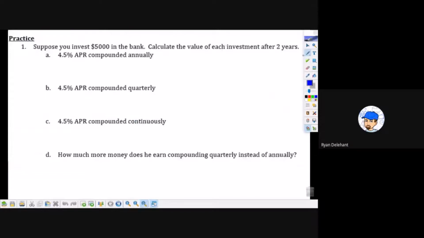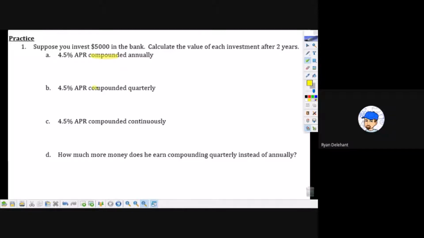So first, we identify what type of growth and decay we have. When I went through, I talked about compound and continuous being the ones we really focused on with our web pages, but we also had normal, which was when it was annual. But you're looking for two words here.